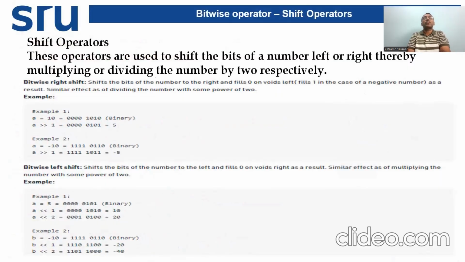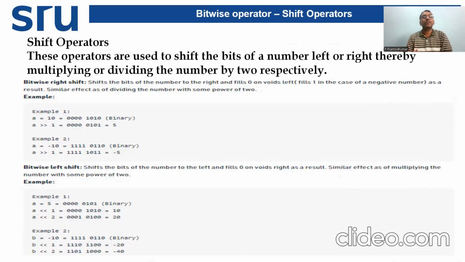Yes, shift operators. These are the two important operators which we have in Python. These operators are used to shift the bits of a number left or right, thereby either multiplying or dividing the number by 2 respectively. Generally, when we shift the bits of a binary number towards the right side, the value of that number gets decreased.